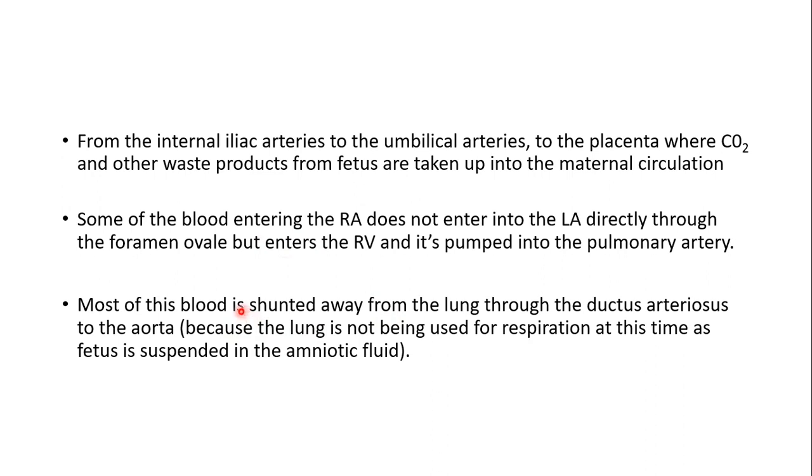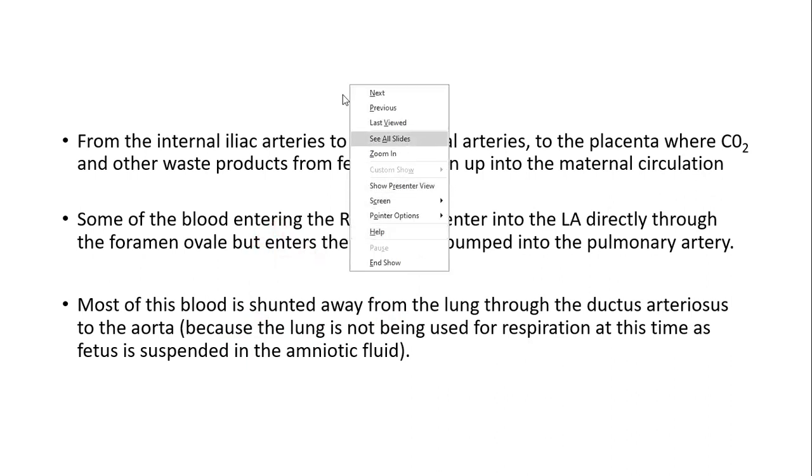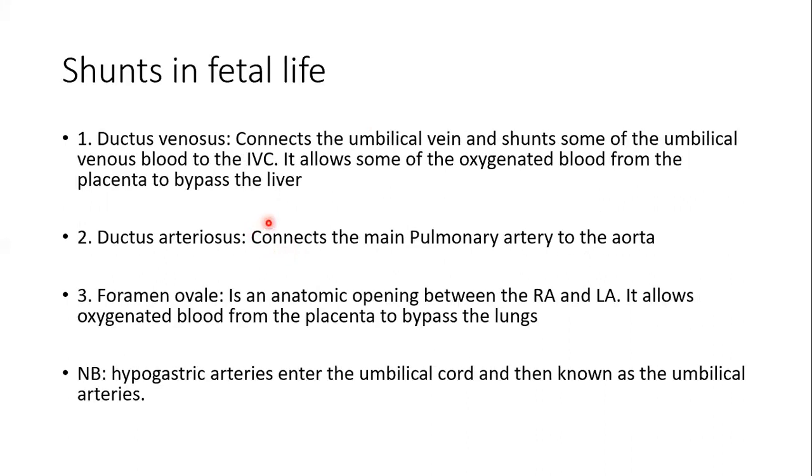So this blood that comes from the right ventricle is less oxygenated. Usually, most of this blood goes into the lower part of the body, and then from the abdominal aorta to the internal iliac artery. From the internal iliac artery, the blood moves to the placenta through the umbilical arteries.